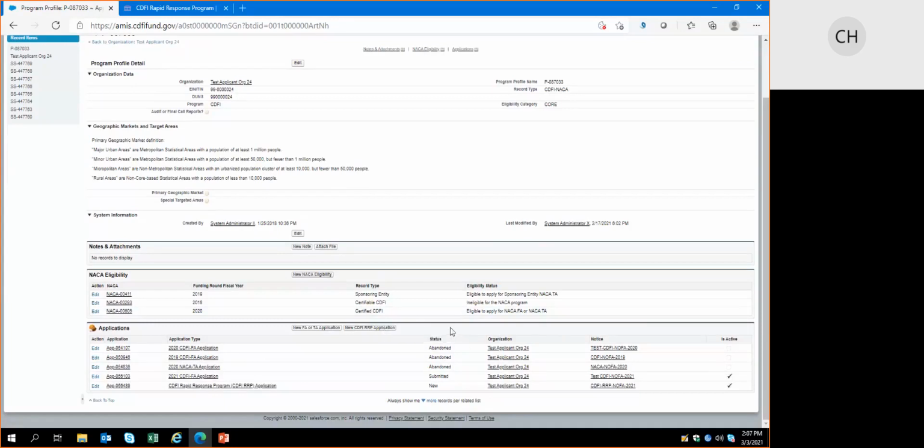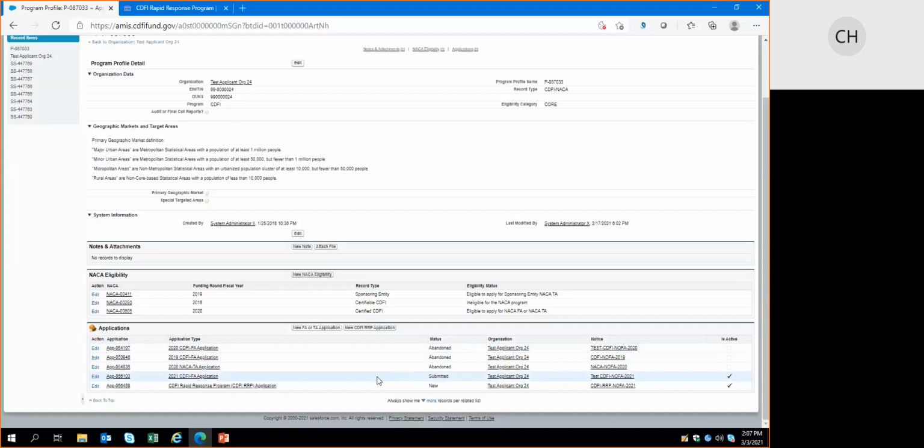That's what you'll click on to launch your application. I've already done that. So in an instance where you've already logged in, created your application, and saved it, and decided to come back later to complete the rest of the application, you'll see a list of all of your previously created or submitted applications and then your active applications.